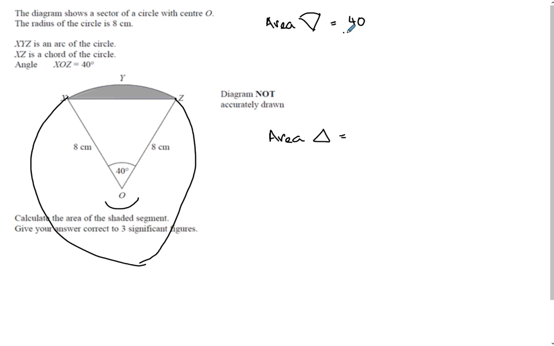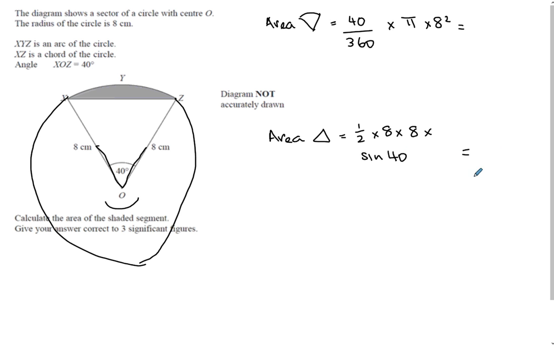So what fraction of the circle is it? It's 40 divided by 360 times pi, and the radius, as you say, that's the center, so that'll be times 8 squared. Do not go for your calculator yet. And then when you're finding the area of the triangle, jump up and down with me. We've got the sine area formula. So half times 8 times 8 times sine 40.